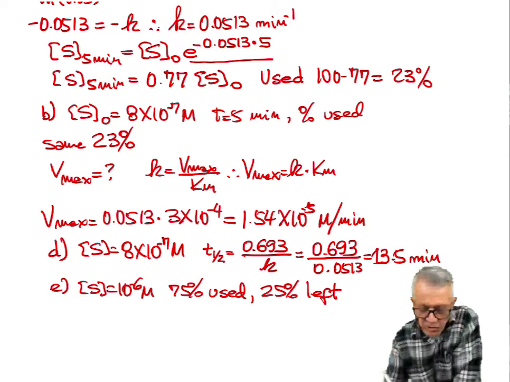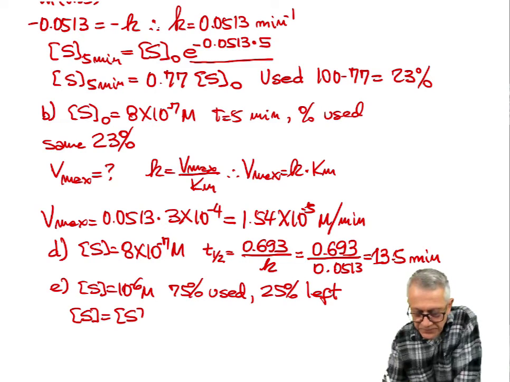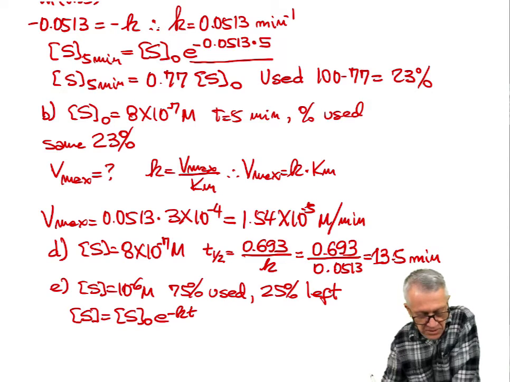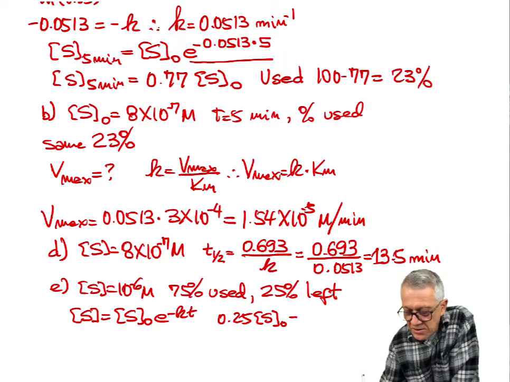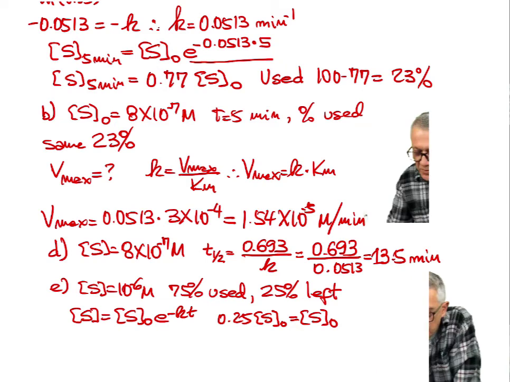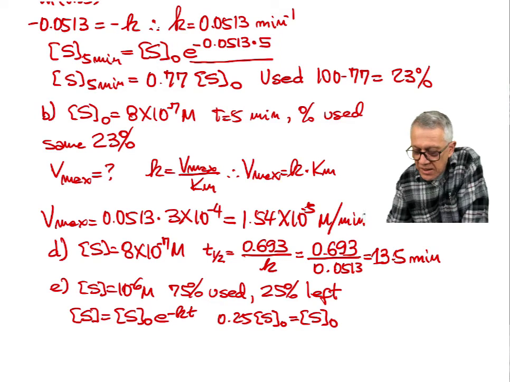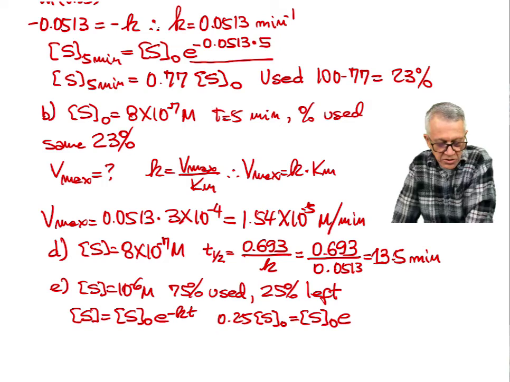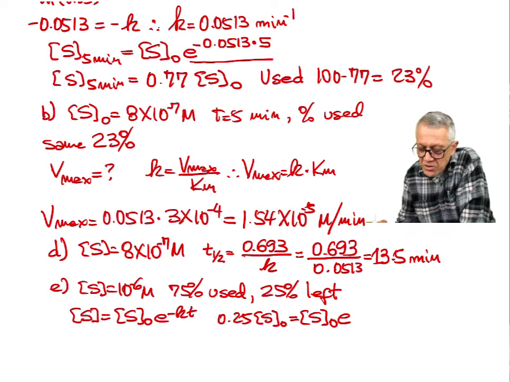So we plug in these numbers: 0.25 S0 equals S0 e to the minus kt, and K we already know, 0.0513, and what we need to determine is t. This will be easy.